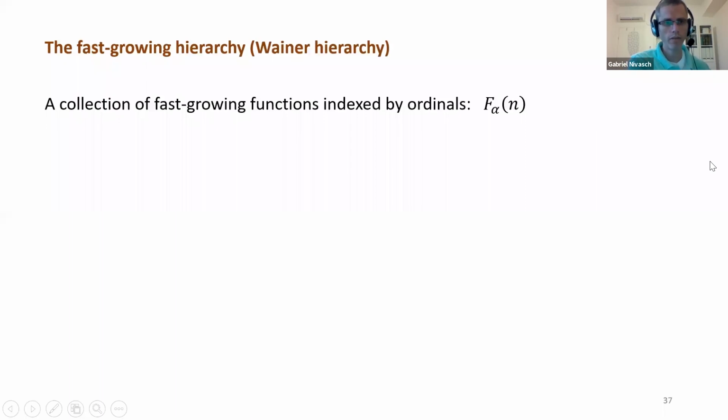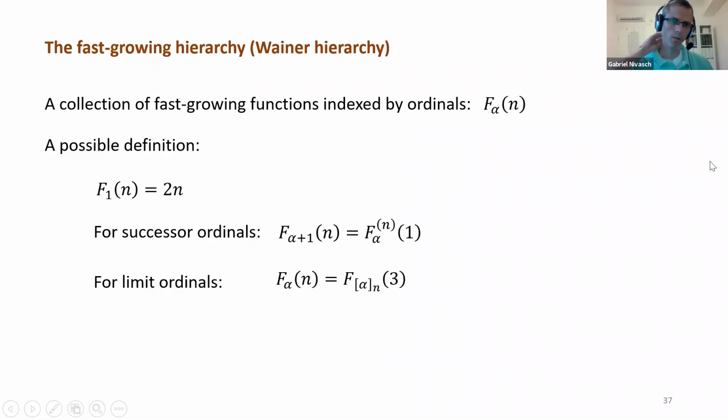Okay, and then you have this fast-growing hierarchy, which is also called the Wainer hierarchy, up to epsilon 0. So we have a collection of fast-growing functions indexed by ordinals. One way of defining it is like this. You start with the function 2n. For successor ordinals, you do composition n times.